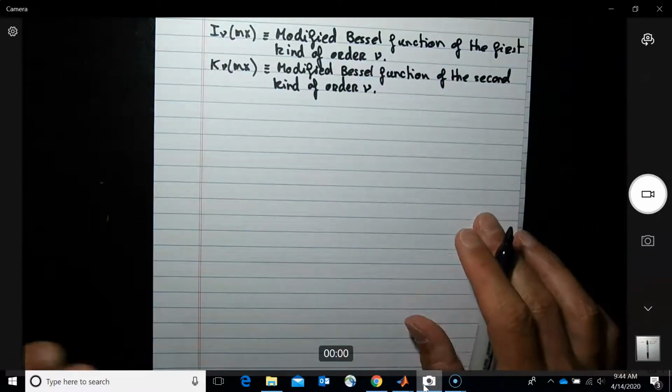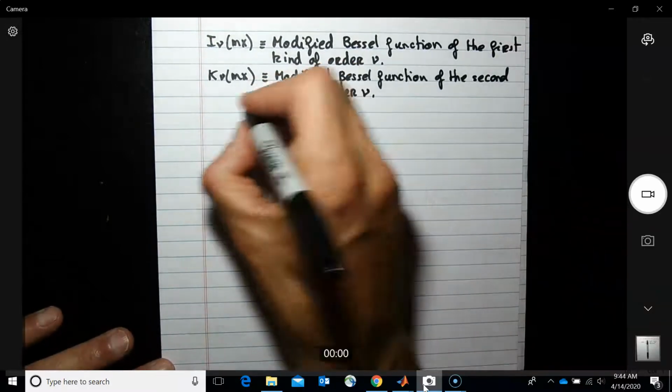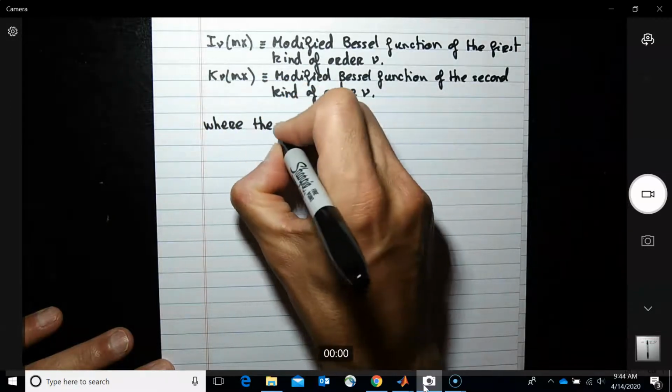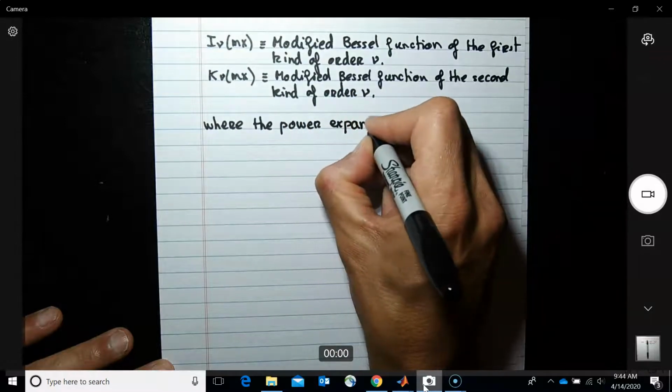So now, what would be the power expansion of these two functions?